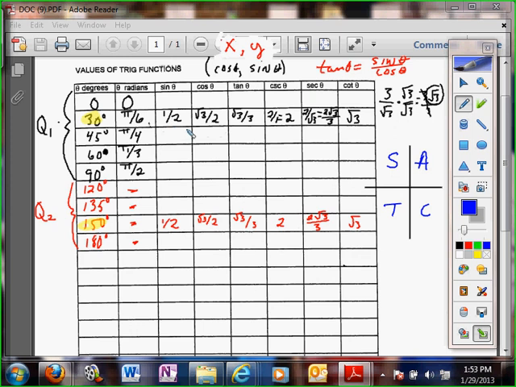They're all positive. In the second quadrant, only sine and its reciprocal cosecant are positive. That means that everything else is negative. Cosine's negative, tangent's negative, secant's negative, and cotangent's negative. And that's how I will fill in these values all the way down my chart.